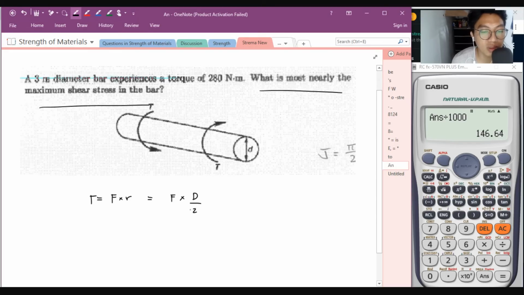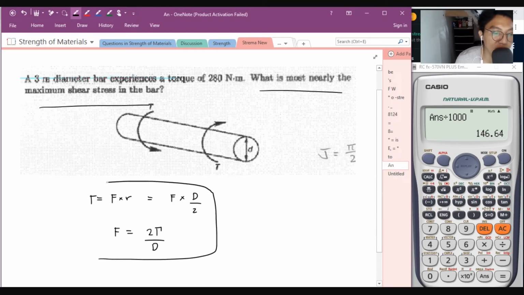To get the force, the force is equal to twice the torque divided by the diameter. Those are the formulas there.